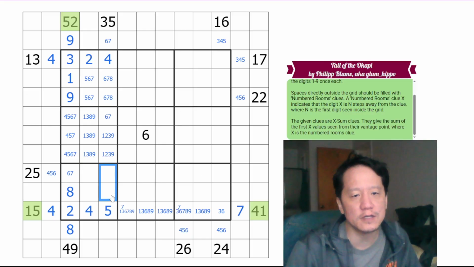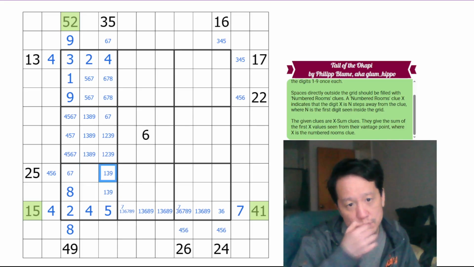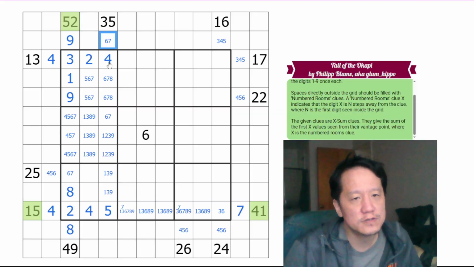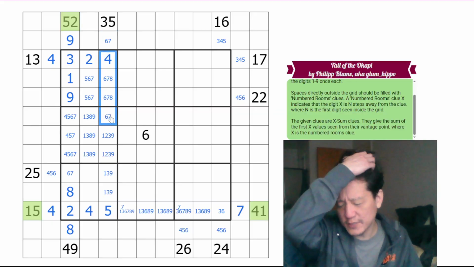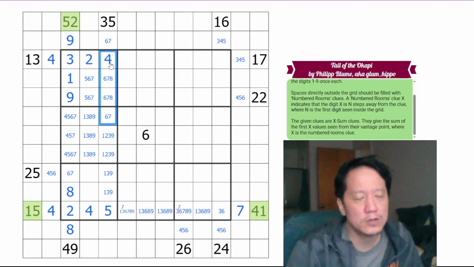Remaining digits in column 3 would be 1, 3, and 9. So would this work? If you had 6, so 4, 6, 7, 8. 6, 7, 8 is 21. Plus 4, 21 plus 4 is 25.